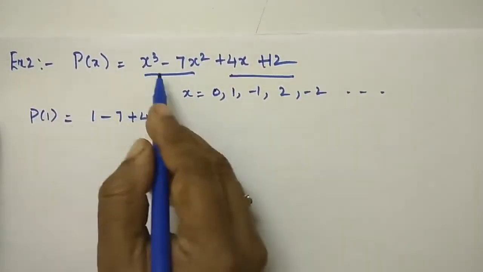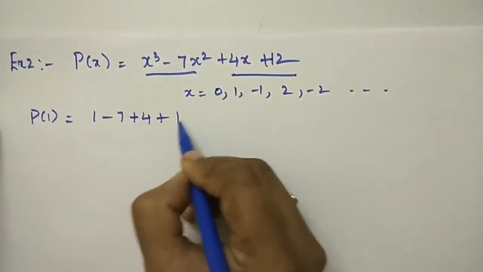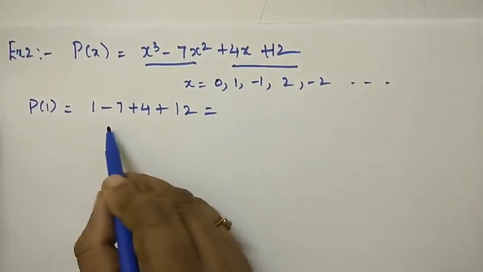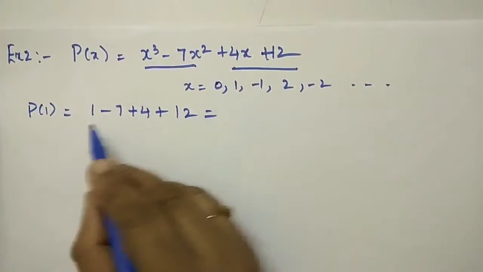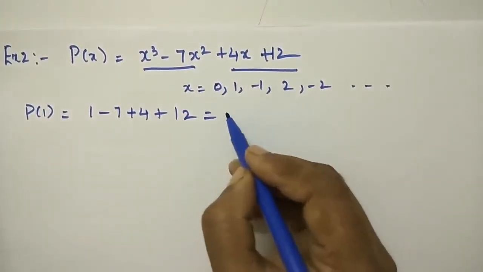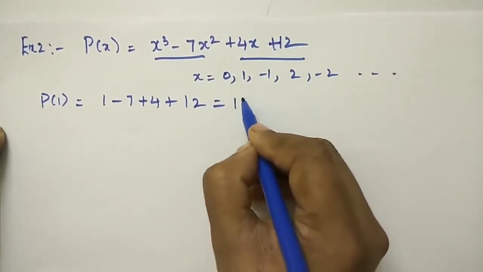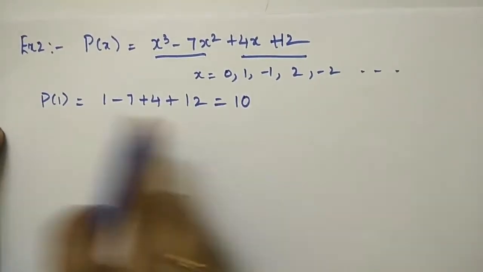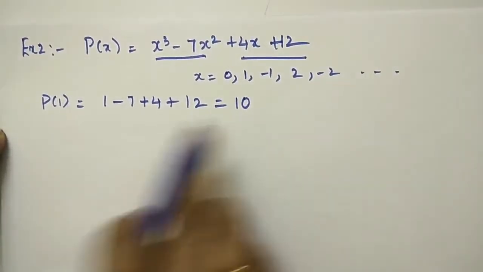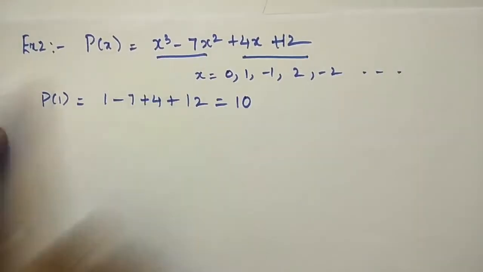That is in place of x I have taken 1. This is equal to, this becomes 10. So as it is not 0, 1 cannot be 0 of this polynomial.